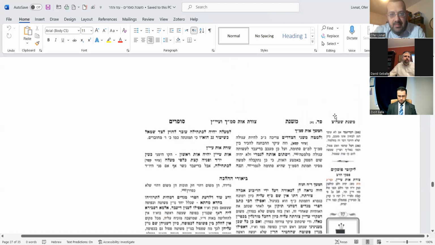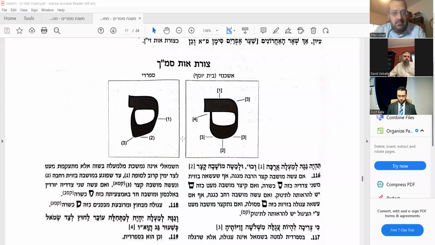Sephardi version. It's only a slight difference. You see here, the Ashkenazi again is rounded both on top and on the bottom on both sides, equally rounded. The Sfaradim have it a little bit different. They have it rounded here, and then they sort of come with a diagonal to the left.